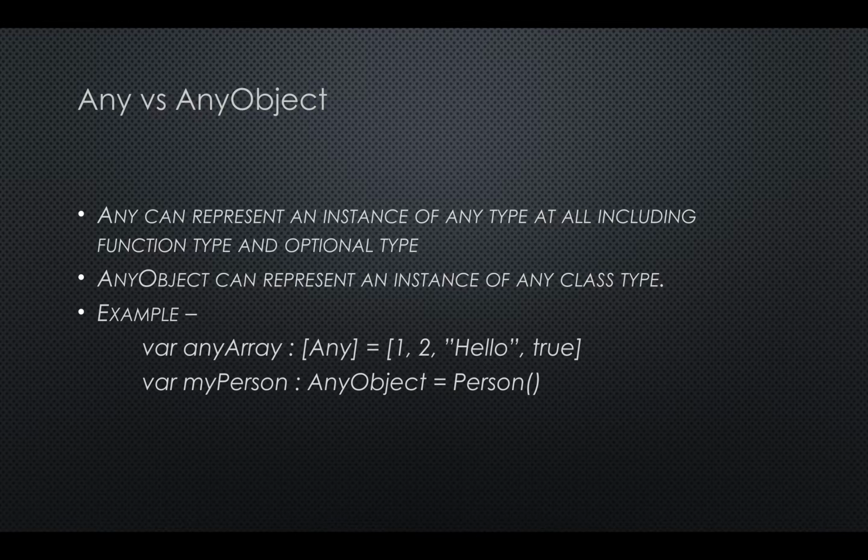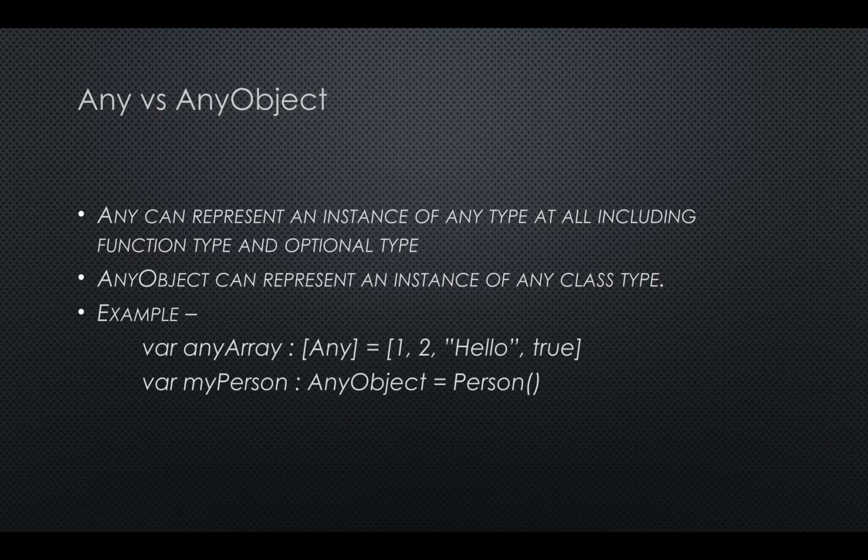So the first question we're going to talk about today is Any versus AnyObject. What is Any and what does AnyObject mean? As the name suggests, AnyObject only deals with the class type, which can have some object.